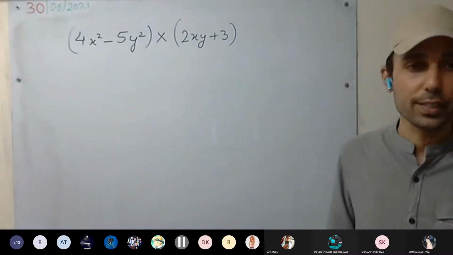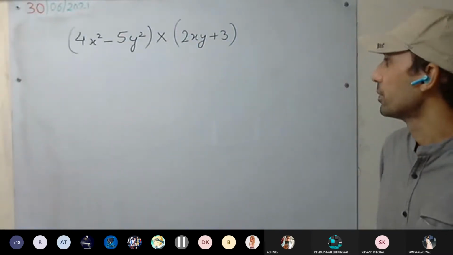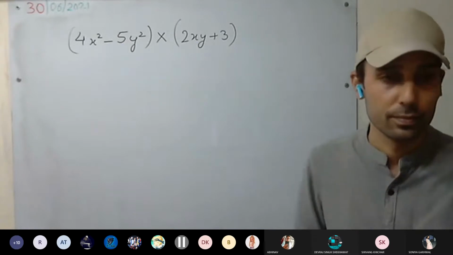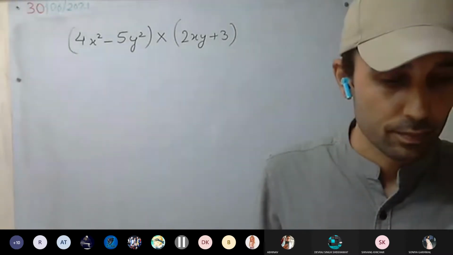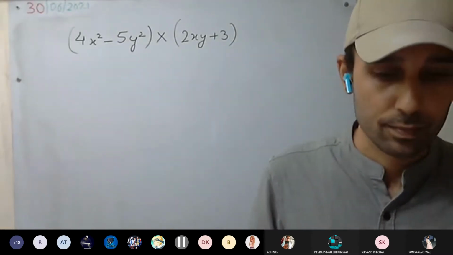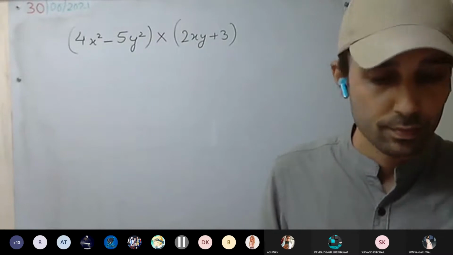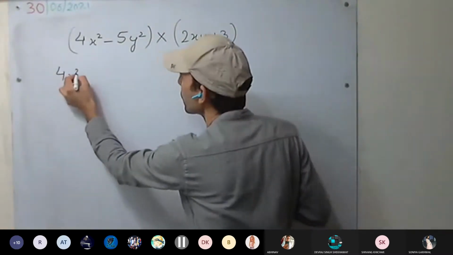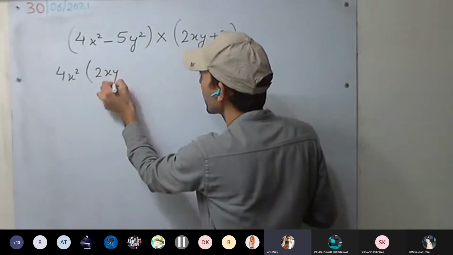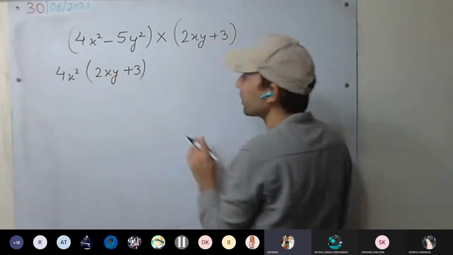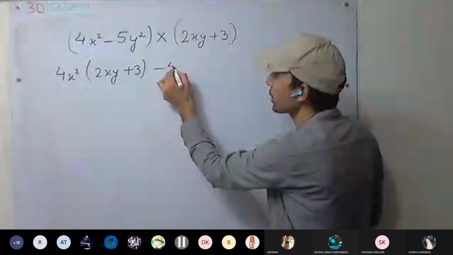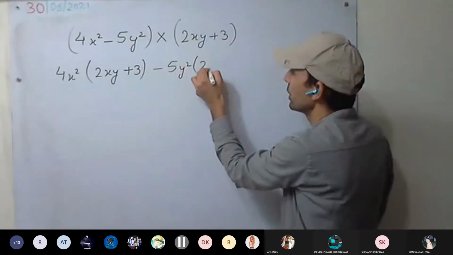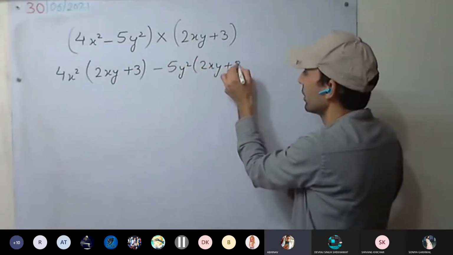Everyone solve it in your notebook. So 4x square multiplied with 2xy plus 3, plus minus 5y square into 2xy plus 3.